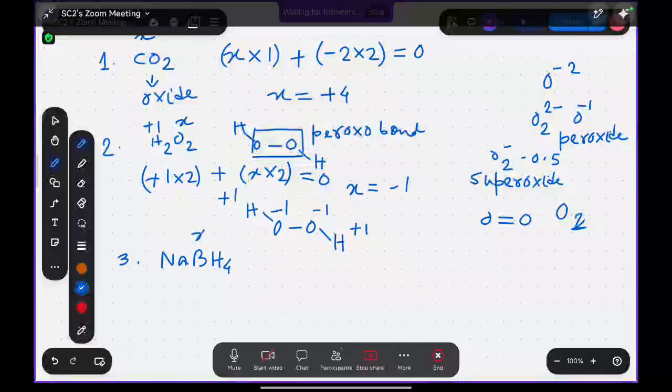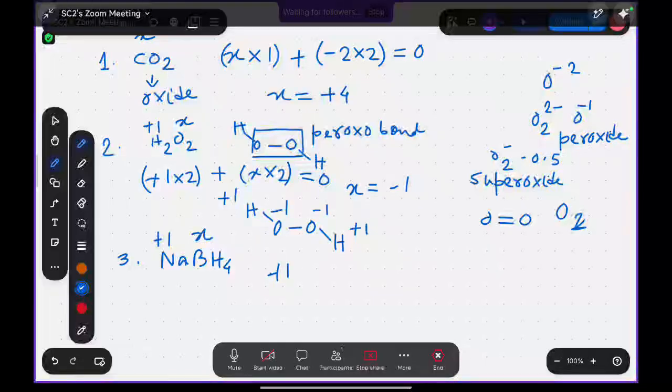So let's take boron as X. Sodium has only one oxidation state, that is +1. Sodium, potassium, all these are alkali metals. They have only one oxidation state, that is +1.